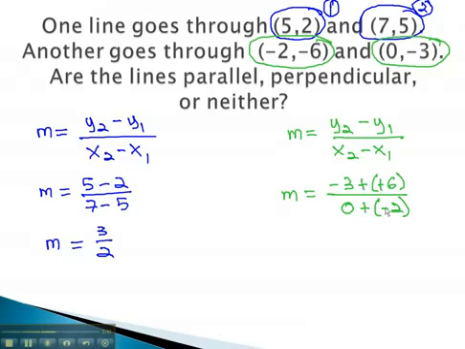Subtracting a negative is the same as adding a positive, and so we find our slope is 3/2. Notice the two slopes we found, 3/2 and 3/2, are the same. Lines that have the same slope are parallel to each other.